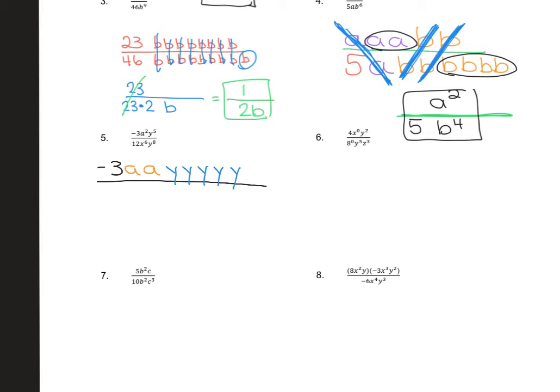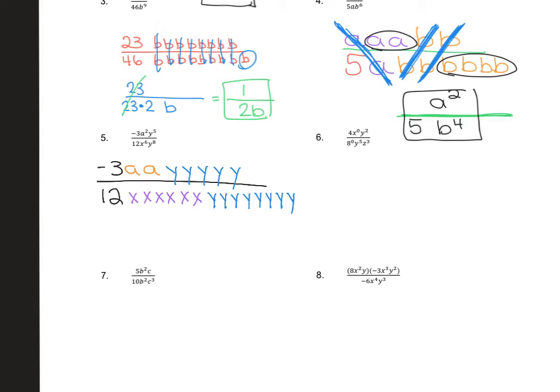On the bottom, I have 12. Then I have 6 x's: 1, 2, 3, 4, 5, 6. And then I have 8 y's: 1, 2, 3, 4, 5, 6, 7, 8.